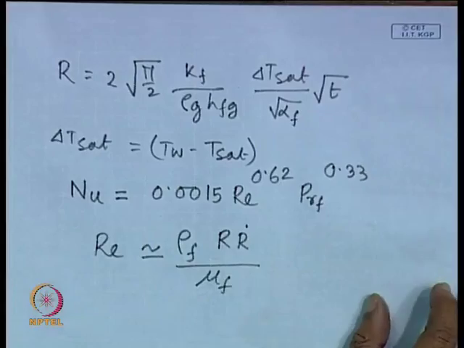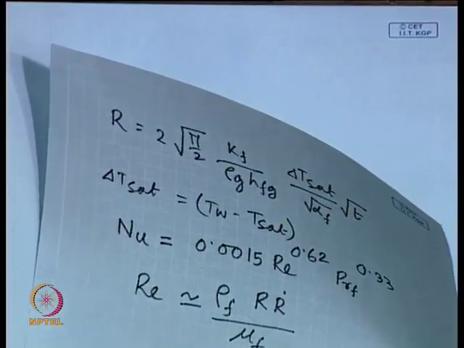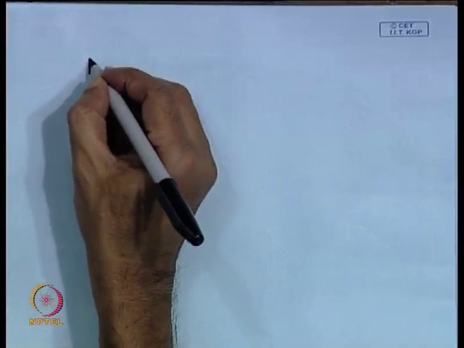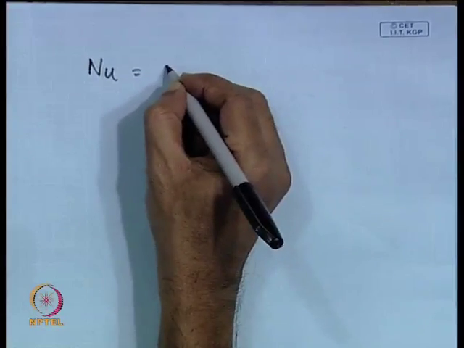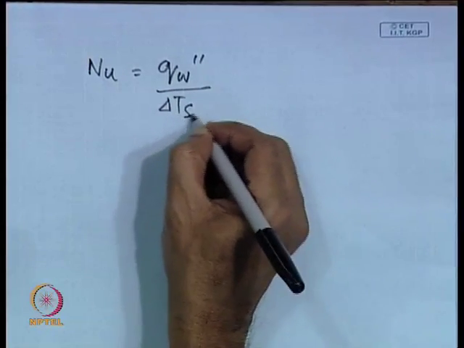All right. So, Reynolds number can be estimated by this particular formula. Nusselt number again can be estimated as q_w over delta T_sat.